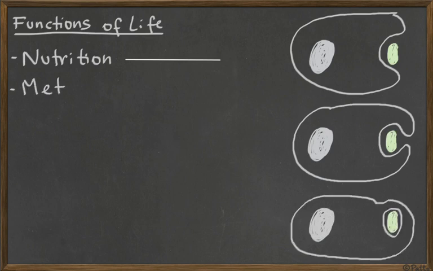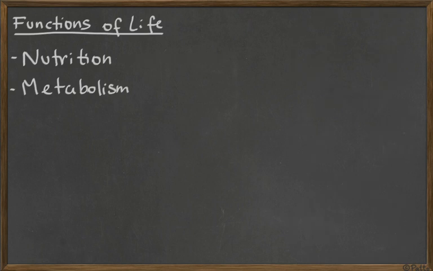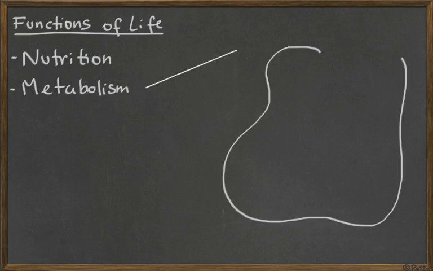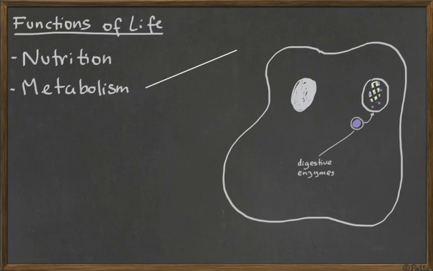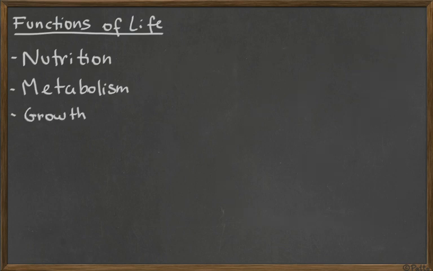Another thing that cells have to be alive is metabolism. Metabolism means that they have chemical reactions going on. For example, to digest something is to do a chemical reaction, to put molecules together. The chemical reactions inside living organisms are called metabolism. Cells have their own metabolism, so again, they are alive.